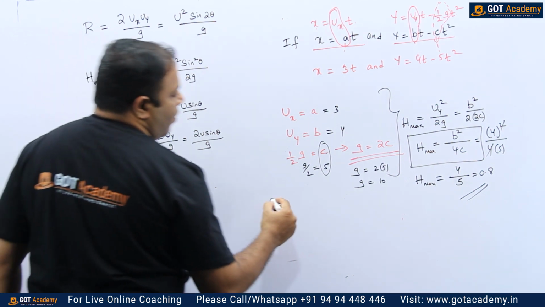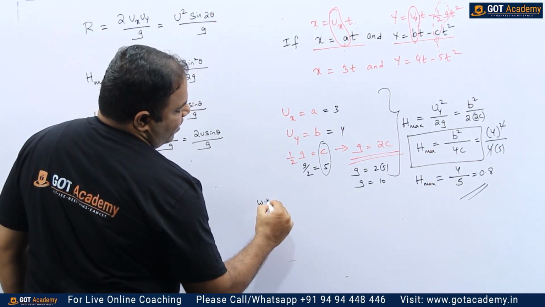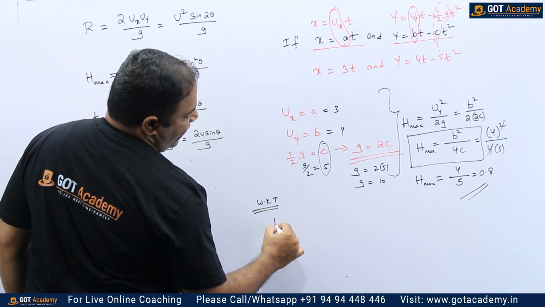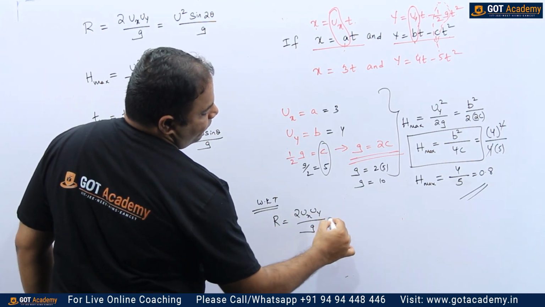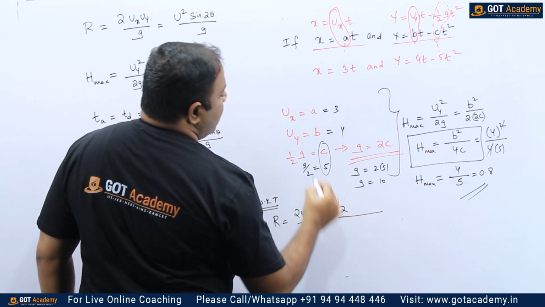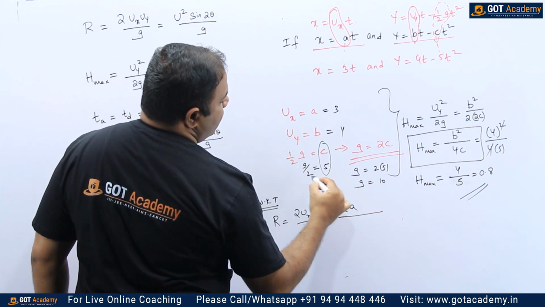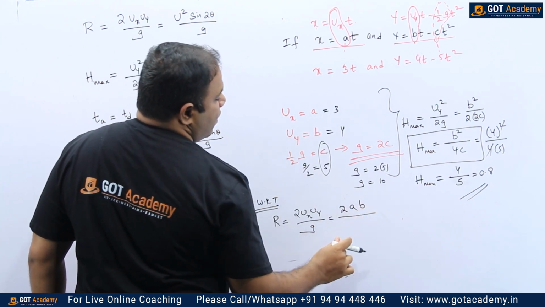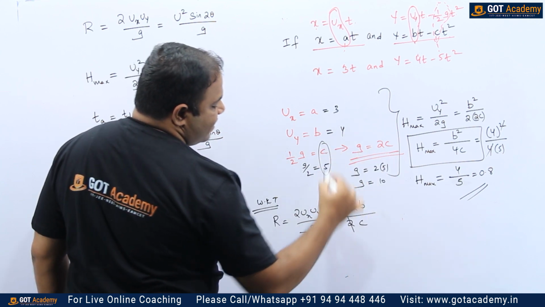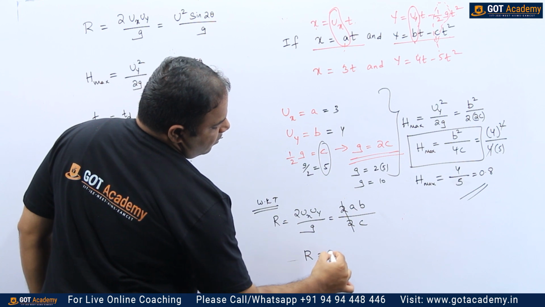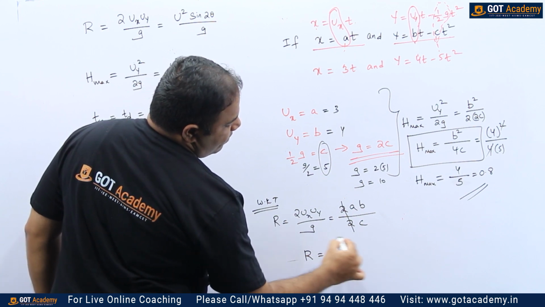Now let us speak about range. We know the range expression is 2 times u_x u_y by g. Here u_x is a, u_y is b, and g was given as 2c. The 2 cancels. So R is equal to a into b by c.